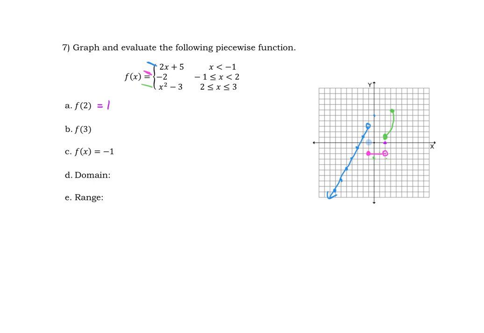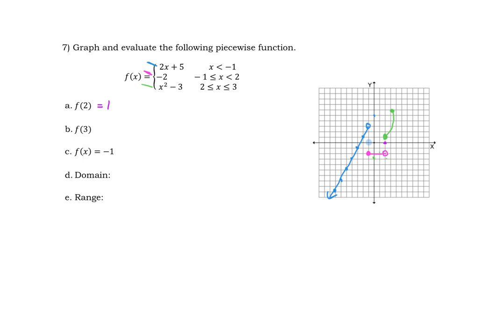Also at 2, this is an open circle here, so I would use this function, which would be 2 squared minus 3, which is 4 minus 3, which is 1. So that's algebraically how you would do it.